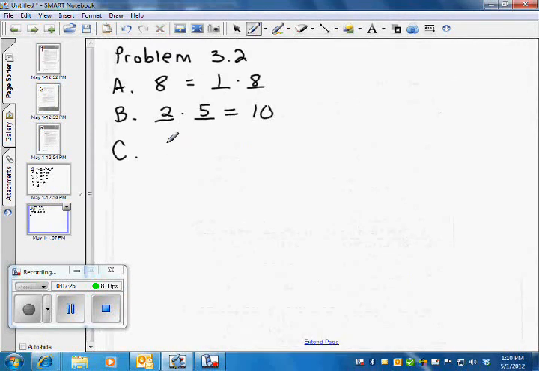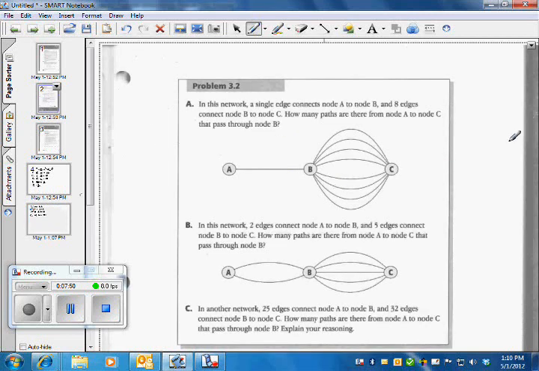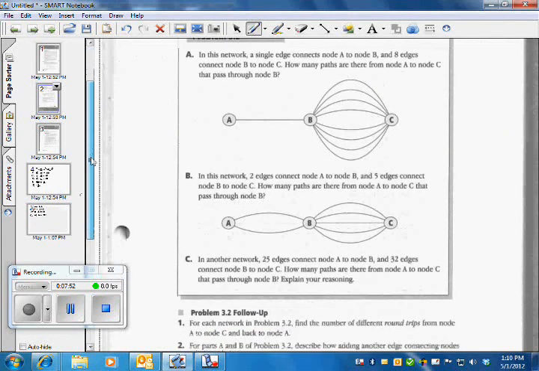Luckily, we know it's just the product of the choices we have at each node in this case. 25 different choices to take at the first pathway, 32 in the second pathway, 800. Counting principle makes things a lot simpler and easier to do in that case.